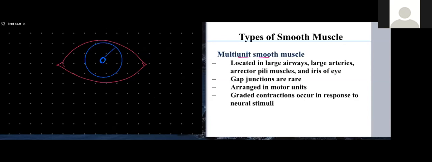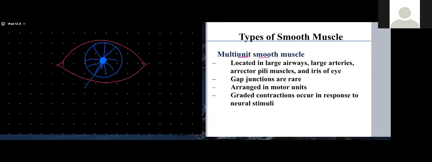At the center of the iris, you have the pupil, which is this dark spot in the middle. The function of the iris is to regulate the amount of light that travels into your eye.